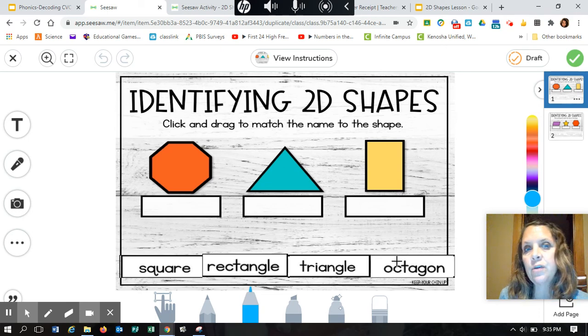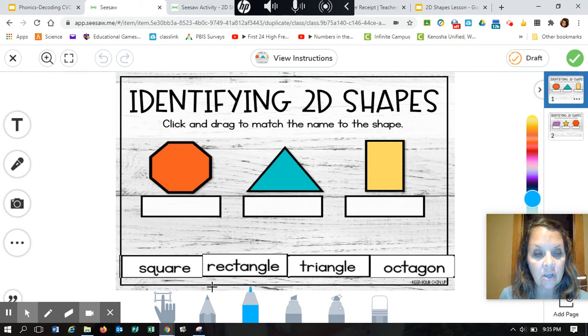So I realize some of you are not quite reading entire words yet, and that's okay, because you're going to be able to make a good guess just using that beginning sound. So do the ones you know first. For example, I bet you know this one is a triangle. You hear t, t, t at the beginning. So you could look at these words here, and only one of them begins with t.